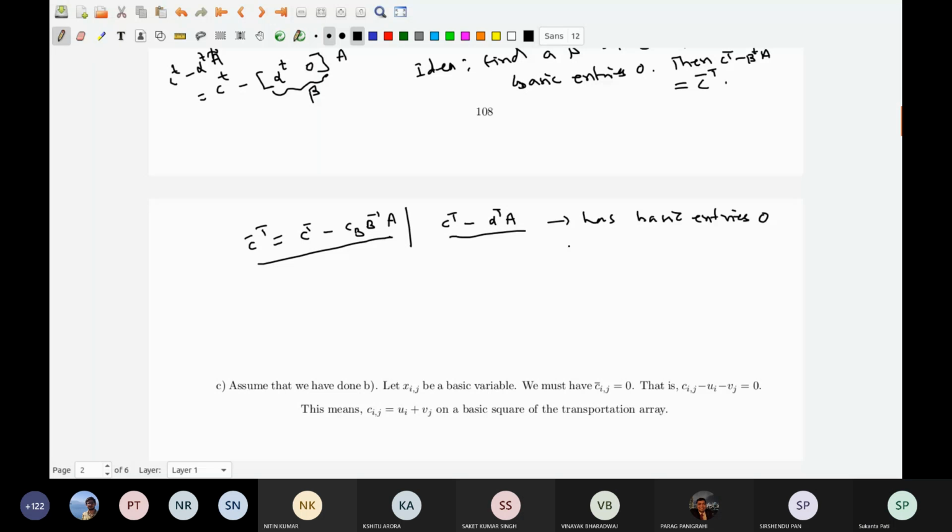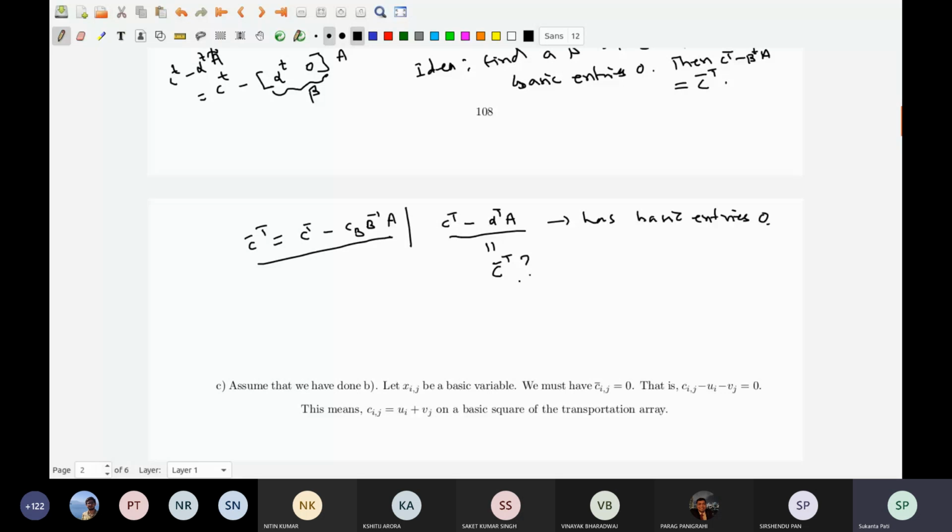Can you say that this vector is actually C bar transpose?